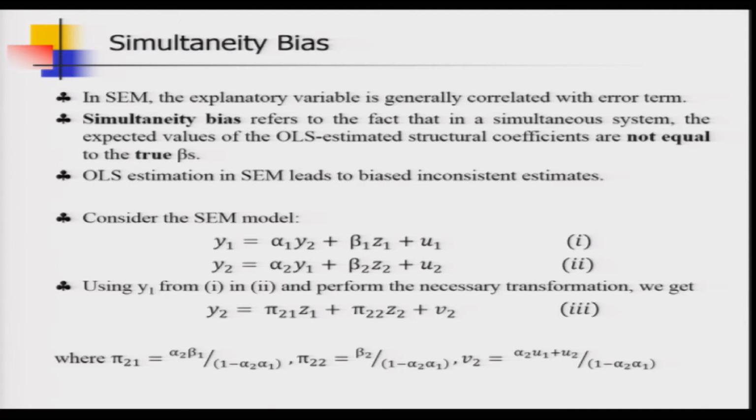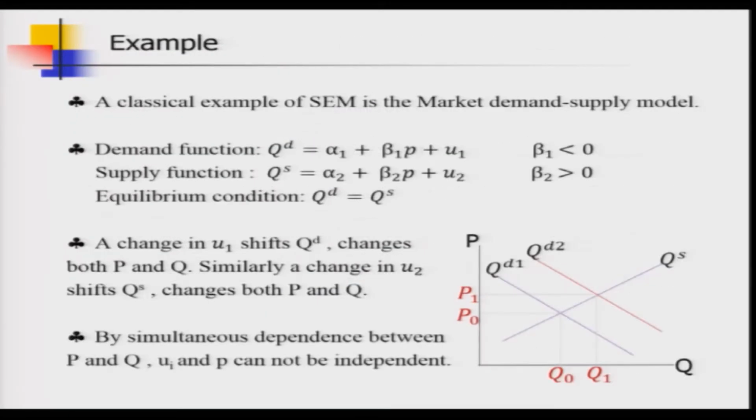If you go back to that discussion on the demand function and the supply function, you can start with two linear equations, and that is what we have done. So, if you go back to previous slides, please look at the demand function equation here. You see alpha 1 and beta 1 as the coefficients in the demand function, and in the supply function you have alpha 2 and beta 2 as the regression coefficients.